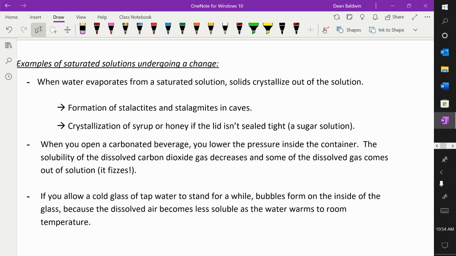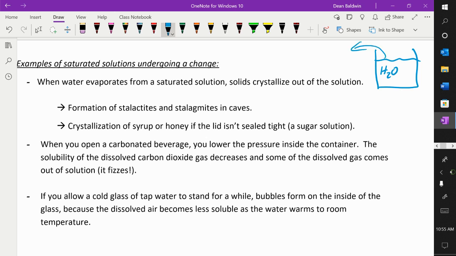What are we doing here? Saturated solutions. So if you have salt dissolved in water and you just leave it in an open glass or beaker on the table, what's going to happen to the water? Some of it will evaporate.